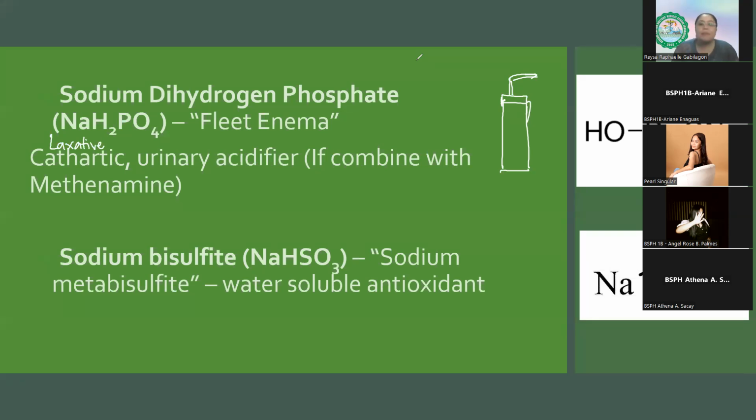So, ginagamit naman siya as urinary acidifier. So, like in the case of poisoning of a basic substance, we may acidify the urine para madali siyang ma-excrete. And aside from that, sinasabay ito with methenamine. So, itong methenamine class is antibacterial. Okay, ginagamit actually ito for UTI.